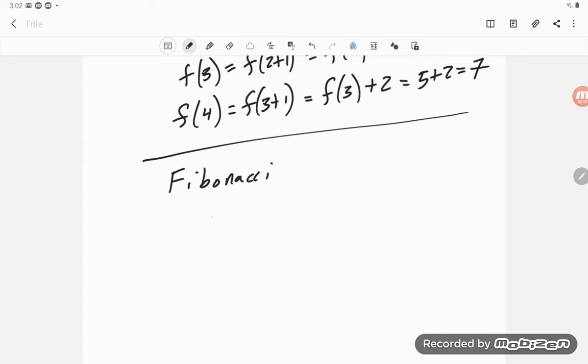Either way will get it going. But the sequence is, if I start at 1, it's 1 and 1, and then the next number is 2 because 2 came from 1 plus 1. Then I take these two numbers, 1 and 2, and add those together, so I get 3. And then 2 and 3, I get 5. And then 3 and 5, I get 8. And then 5 and 8, I get 13, and so on, so 21.